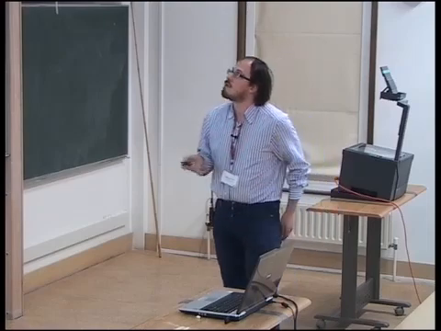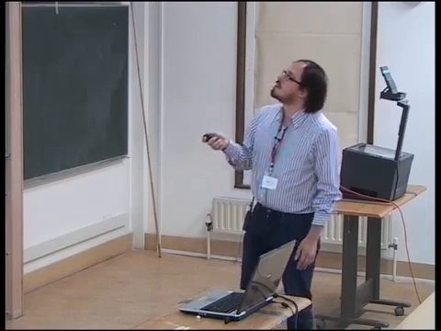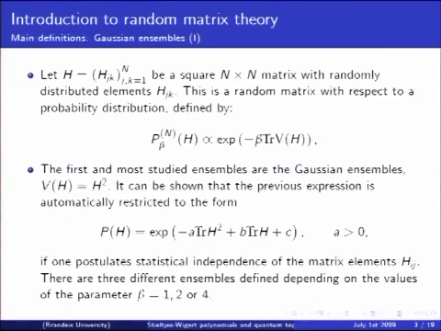So first of all, random matrices. This is the main definition. This is the probability distribution that is postulated for square n by n random matrices H with randomly distributed elements. Here this beta parameter is central. I will mention what it's about. And the most well-known model, the first one introduced, is the Gaussian model, which has here a quadratic polynomial.